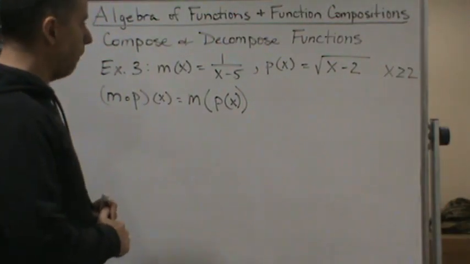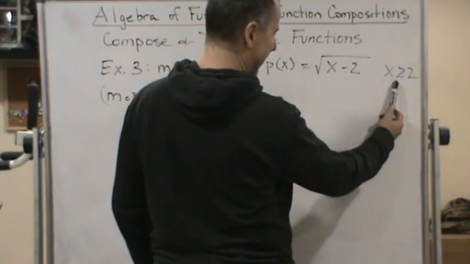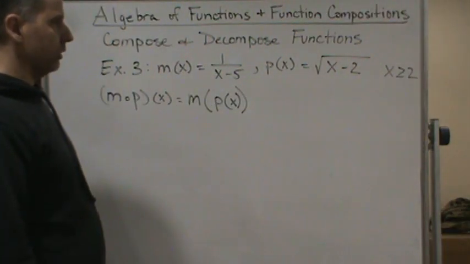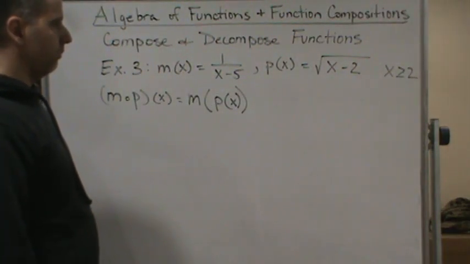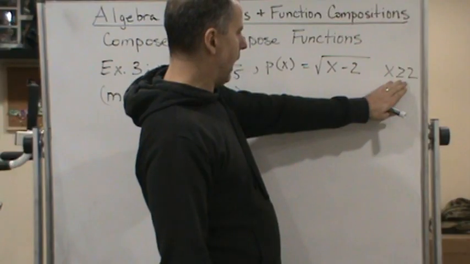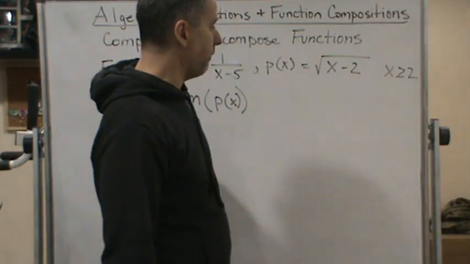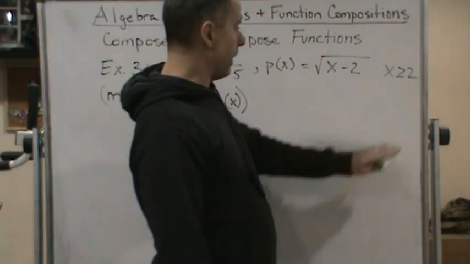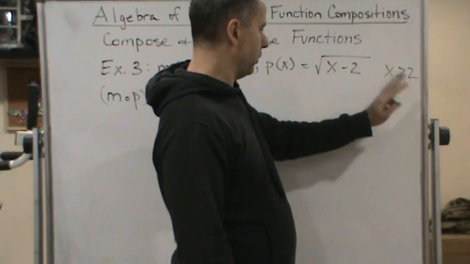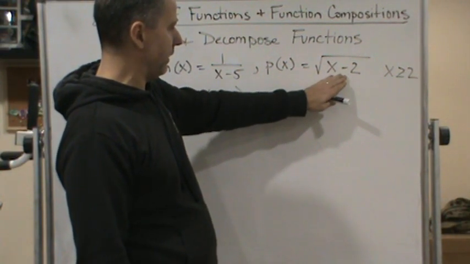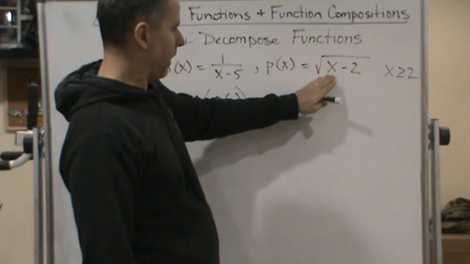Now, in that range is 27, so 27 is in that range, which is fine. But what happens when you stick 27 in for x?